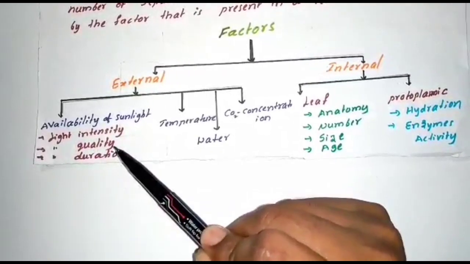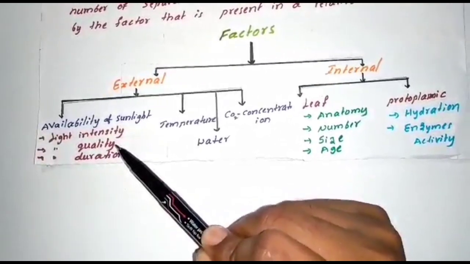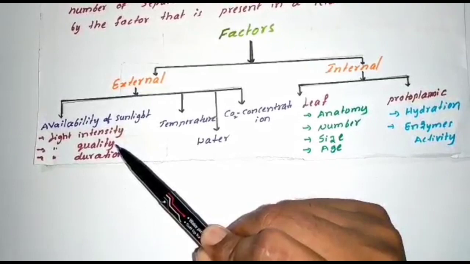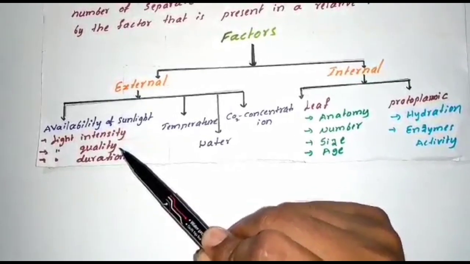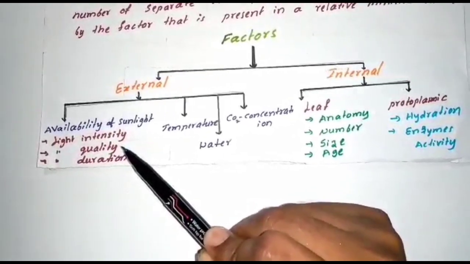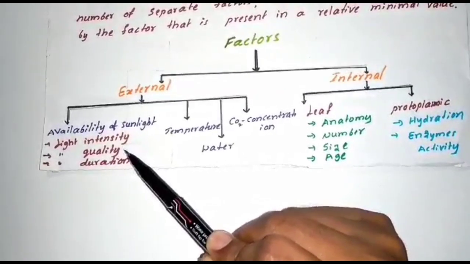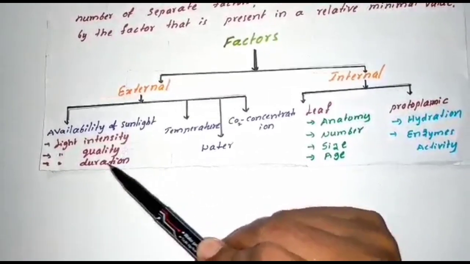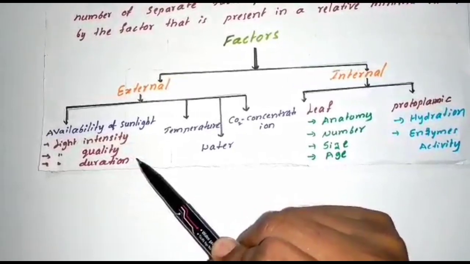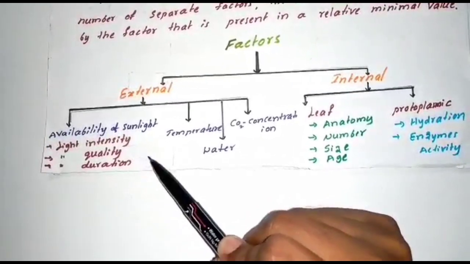Then the quality of the light. Out of this VIBGYOR, not all wavelengths are suitable. Here red light is useful for maximum photosynthesis, blue is also useful for the rate of photosynthesis, but green is used for a minimum level of photosynthesis. Then duration: in the leaf chloroplast, chlorophyll is present.